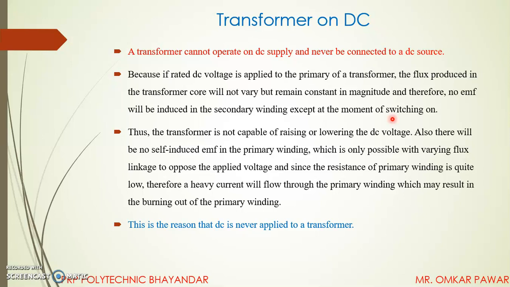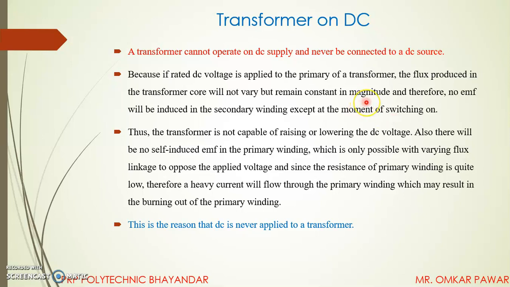Because for generation of EMF, there is only one condition: either the conductor is moving and the flux is constant, or the conductor is stationary and the flux is varying.